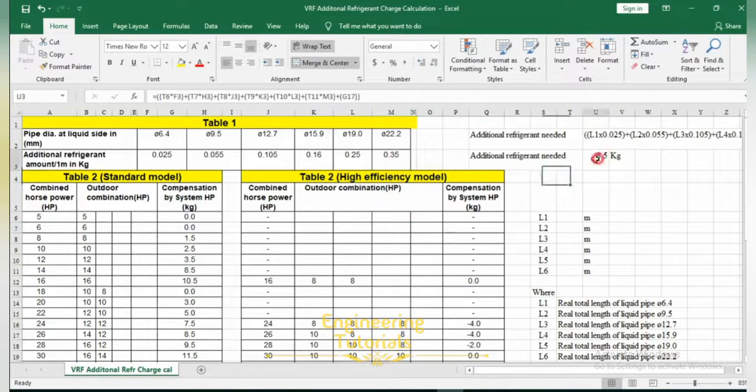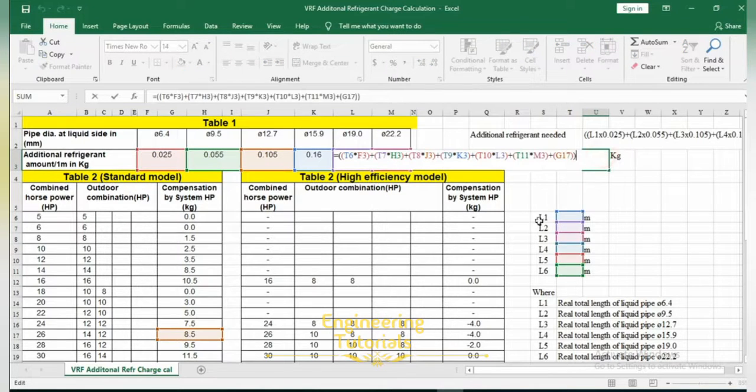This is the formula I am gonna use to calculate additional refrigerant: L1 into 0.025, because this is due to dia 6.4, and then L2 into the additional refrigerant needed, 0.055. These are the values which I will give over here: L1, L2, L3, L4, L5 and L6.